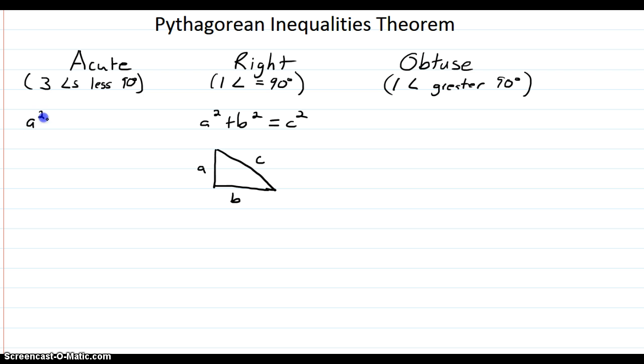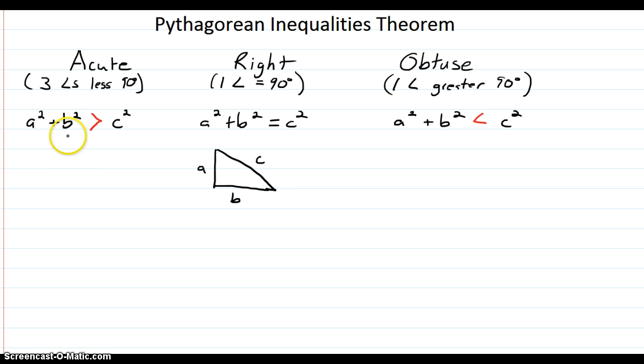Well, we can also use this to tell us acute or obtuse. The key here is that when I plug my numbers in, if my two sides are bigger than my large side, then it's an acute triangle. If my two sides are smaller than my third side, then it's obtuse.